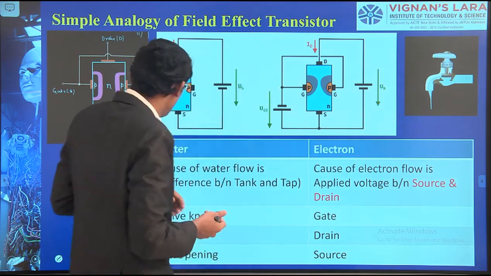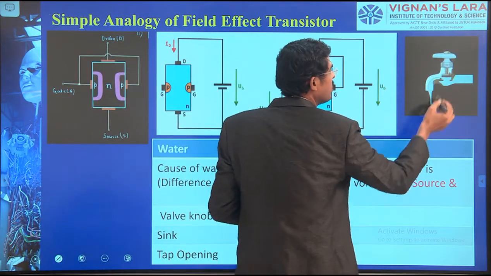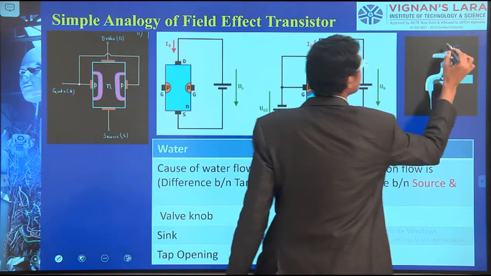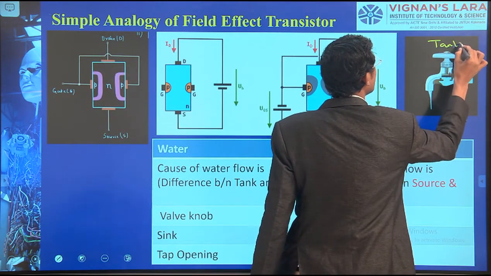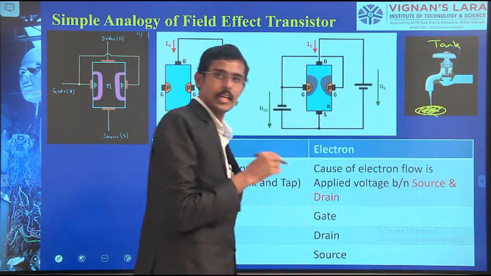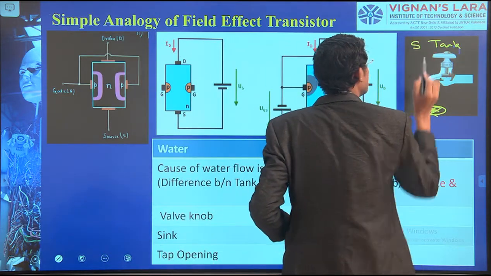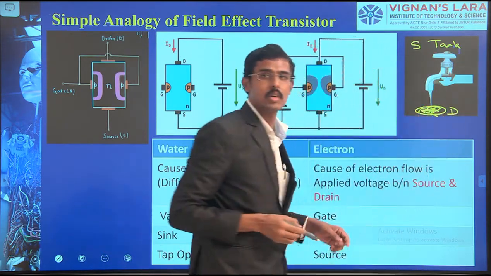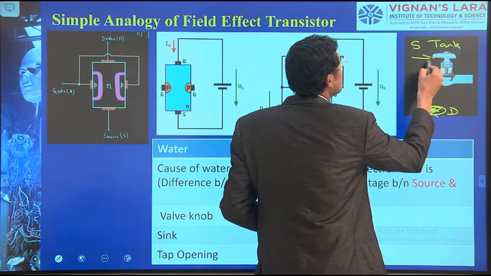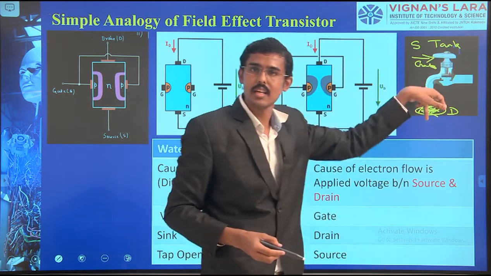I want water to come from the top tank to the drain. So let us consider, this is the source. From the source to the drain it should come. We are controlling it through the gate. It means this opening and closing is the gate.